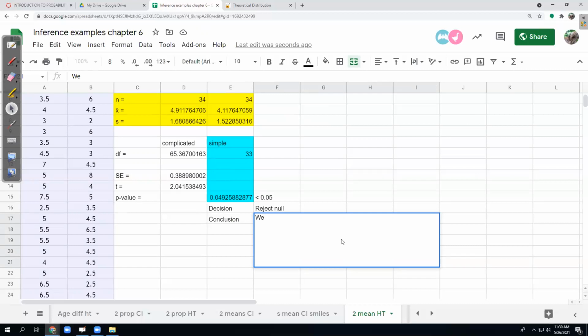So we have somewhat strong evidence, sort of strong evidence, mediocre evidence. Mediocre, yeah. Smiling versus a neutral expression during a hearing will lead to a more lenient sentence.